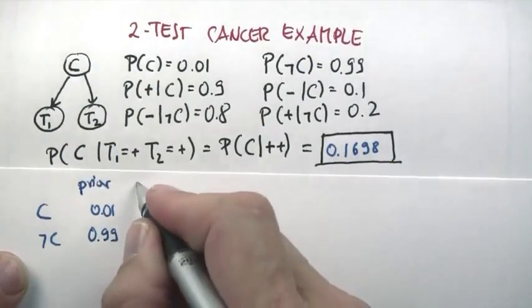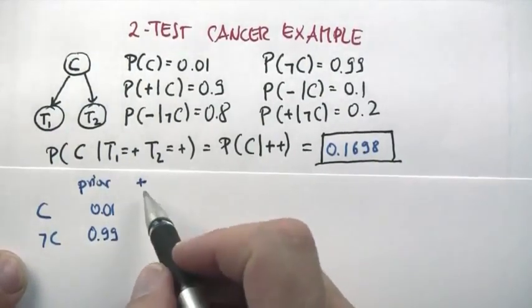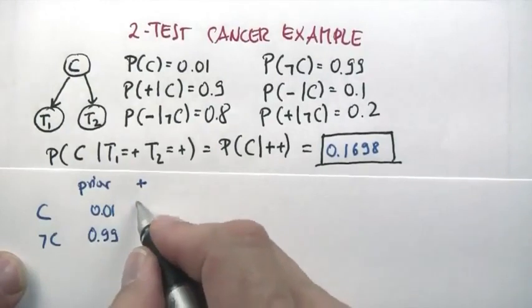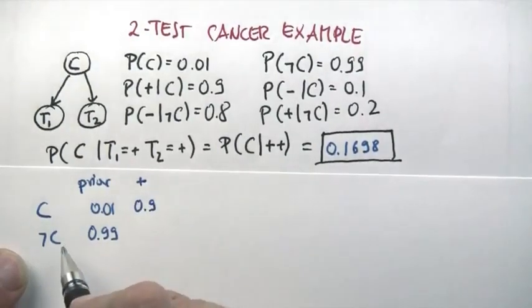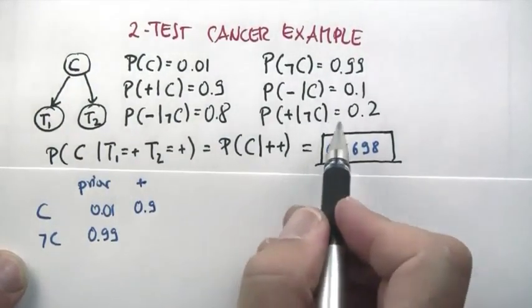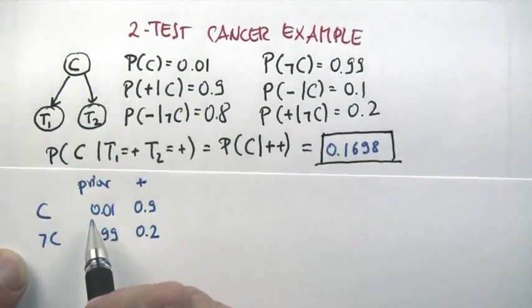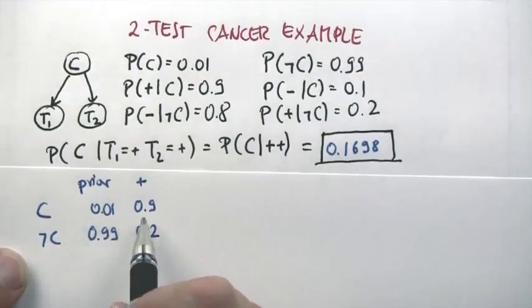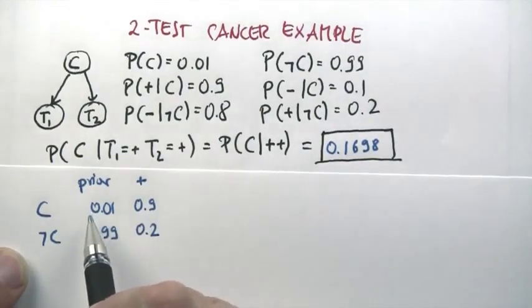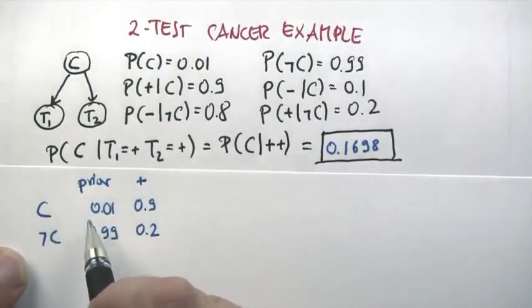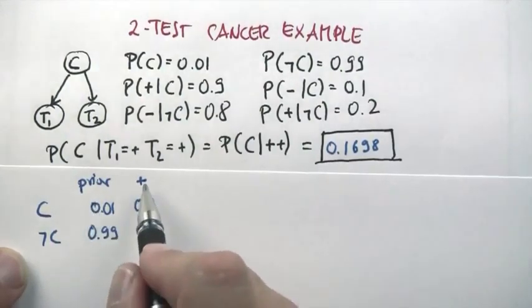Then I get my first plus, and the probability of a plus given that with cancer is 0.9, and the same for non-cancer is 0.2. So according to the non-normalized Bayes rule, I now multiply these two things together to get my non-normalized probability of having cancer given a plus.